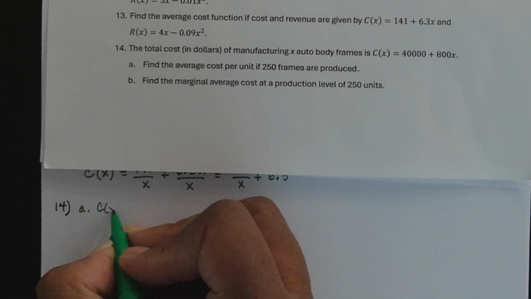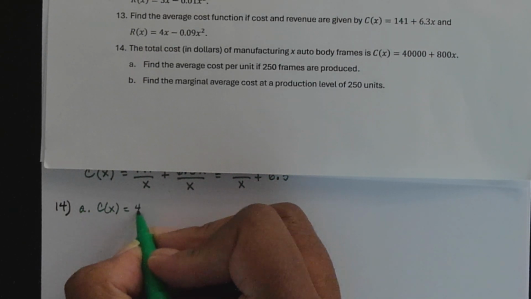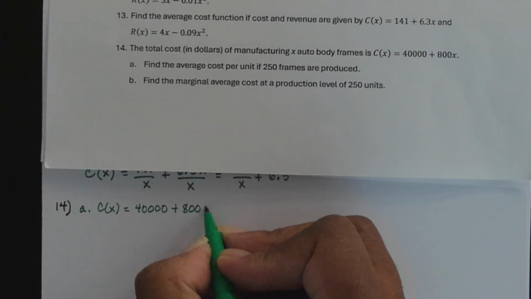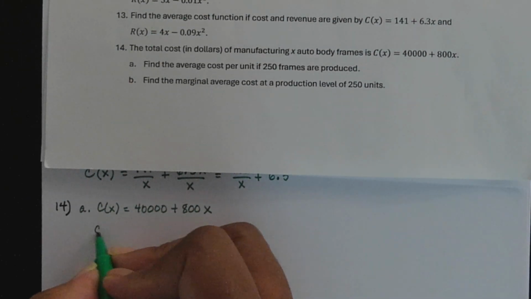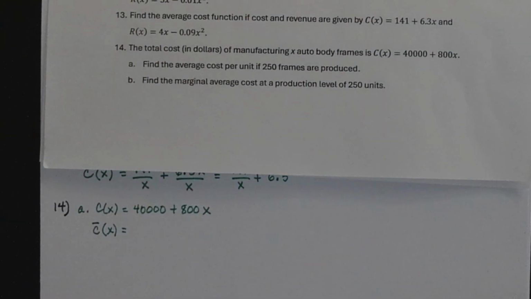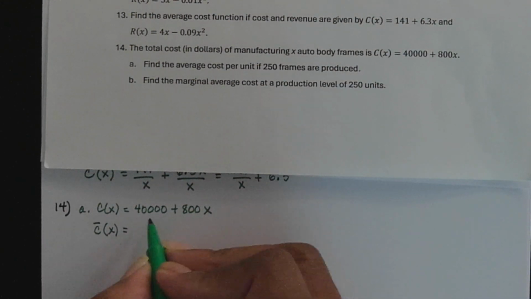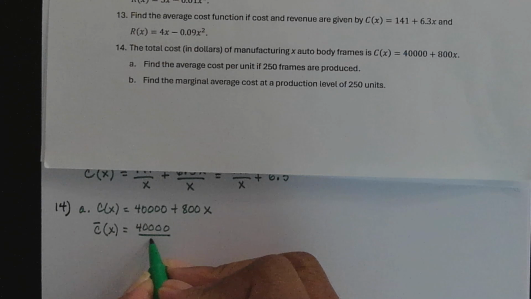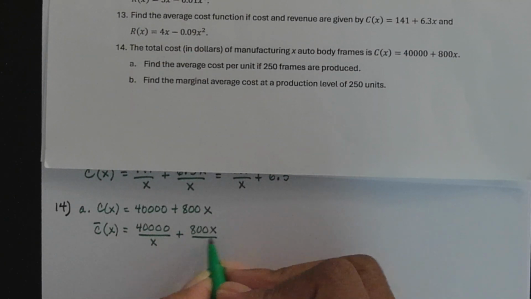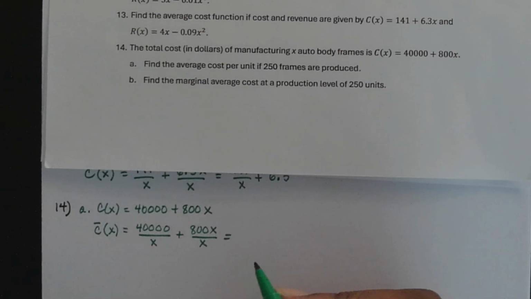So if C of x is equal to 40,000 plus 800x, then C bar of x, which is represented by the average cost per unit, we divide every term by x. So it'll be 40,000 divided by x plus 800x divided by x.